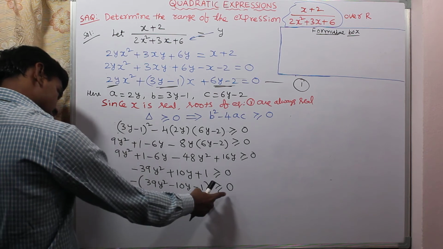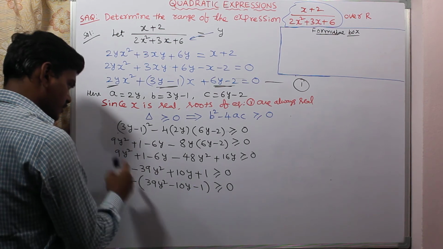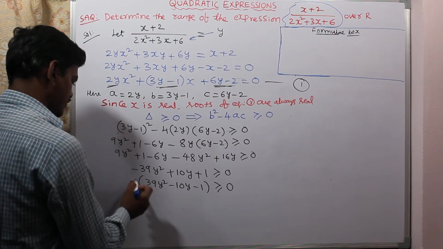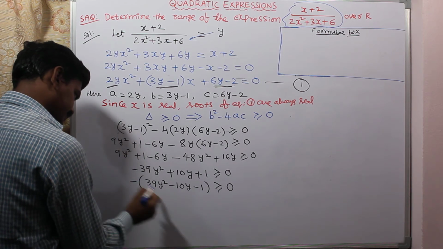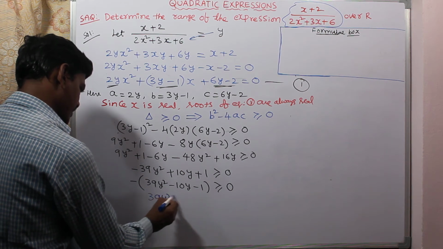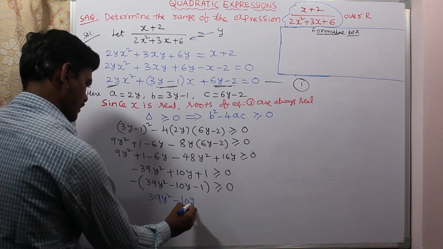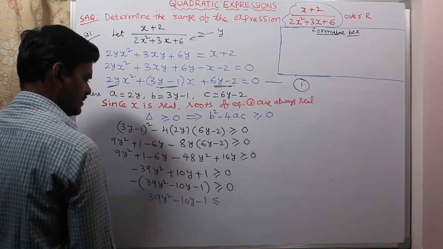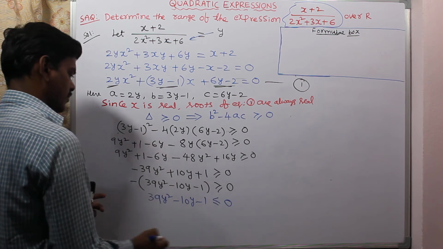So don't forget to change the symbol here, because we are going to multiply by the negative sign in the next step. So we lose the minus symbol: 39y² minus 10y minus 1, and the greater than or equal to symbol changes to less than or equal to 0.